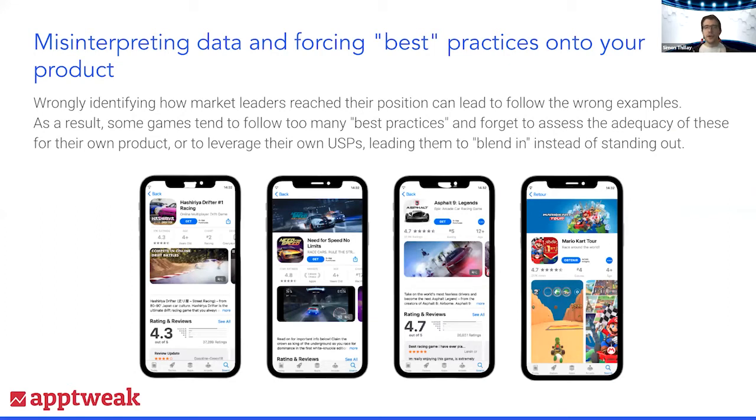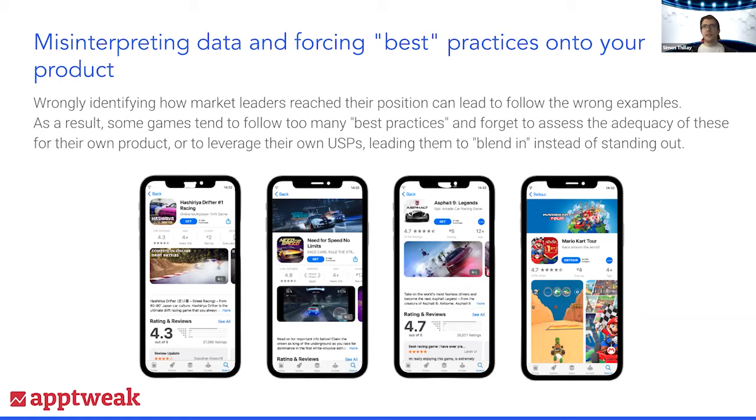They all use creatives in landscape format. And the risk when you see this is thinking this is the only way. And that's why I also like to show Mario Kart Tour as a possible alternative, because Mario Kart Tour is using portrait format. And that's because this is how the game is played.